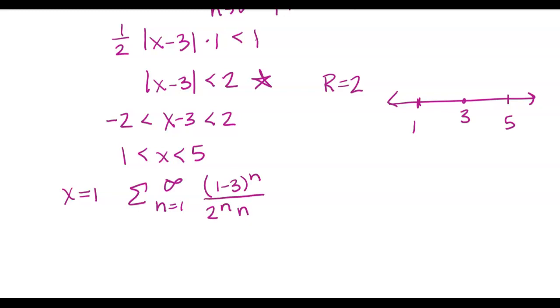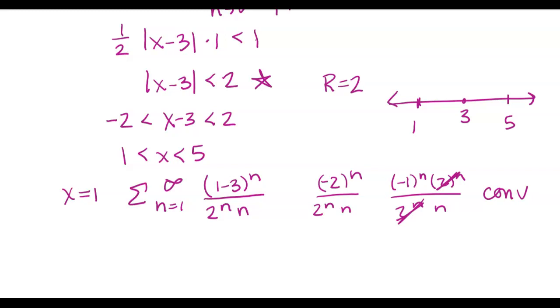All right, I end up getting -2 to the n in the top and 2 to the n in the bottom. Well, this would be the same as -1 to the n times 2 to the n over 2 to the n times n. So my 2 to the n's cancel, and I have an alternating harmonic series, so this does converge.